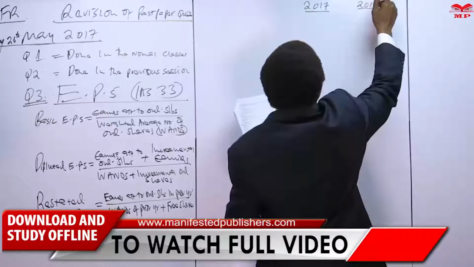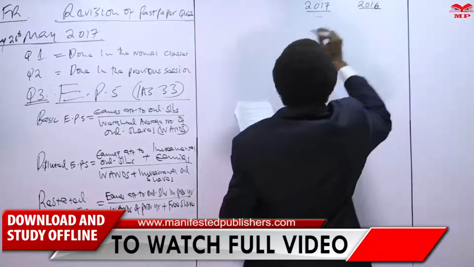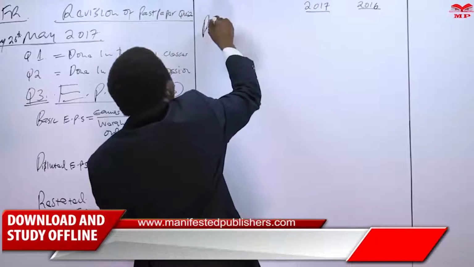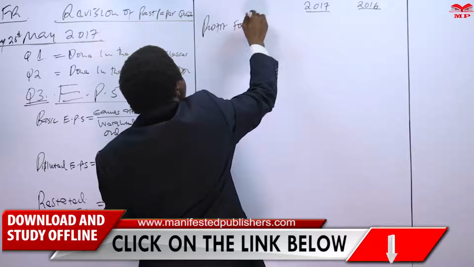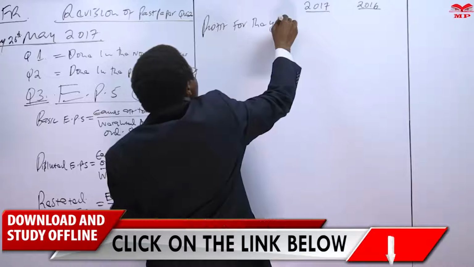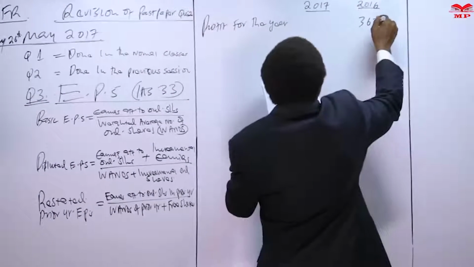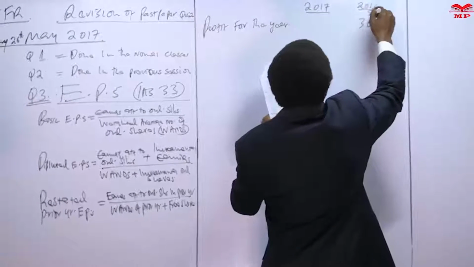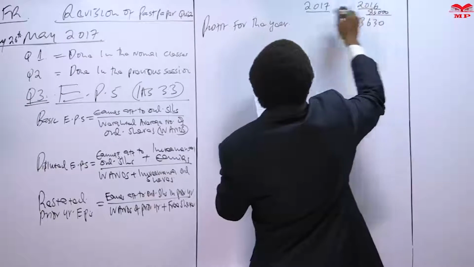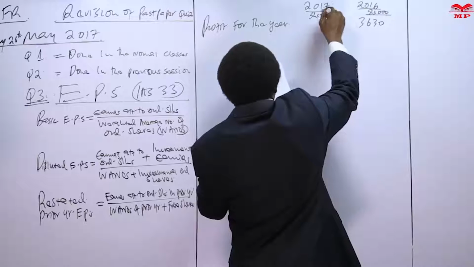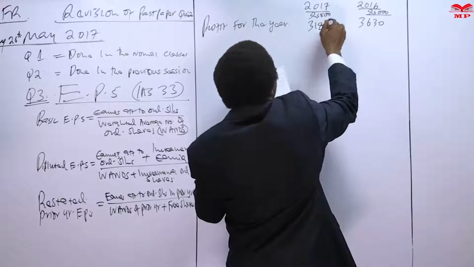We have 2016, then we have the profit for the year. For these 2, we have 630 million, figures are in thousands, and this other one is 185.